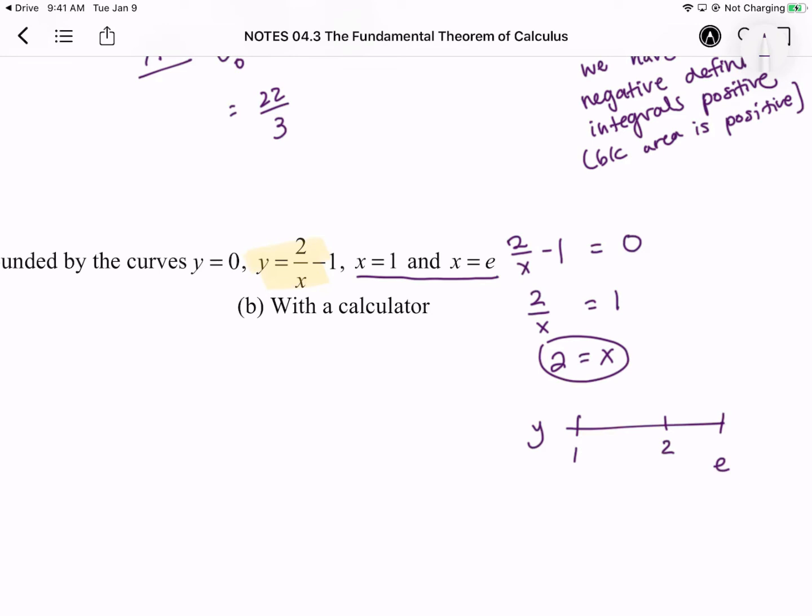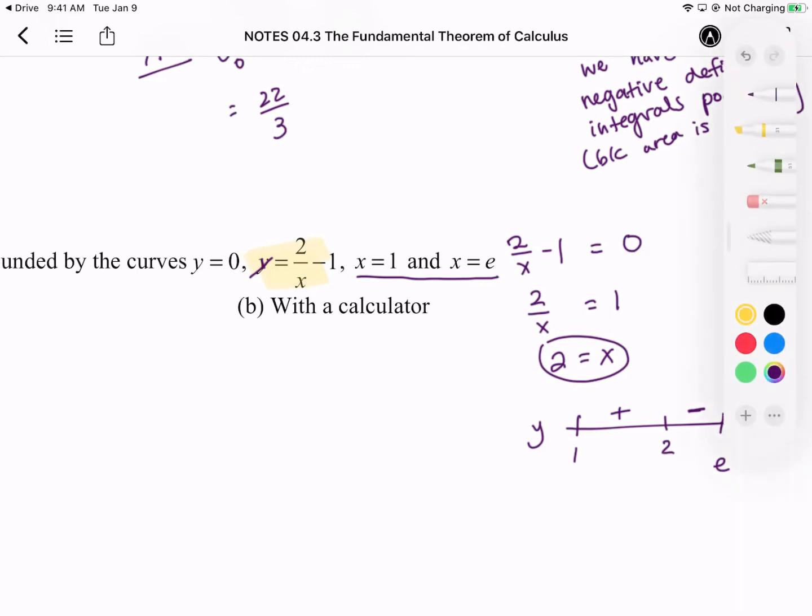So if I plug in 1.5 into my original function, I end up with a positive number. And if I plug in anything bigger than 2, I'll get a negative number. So I know that my integral is positive right here, and it is negative right there.